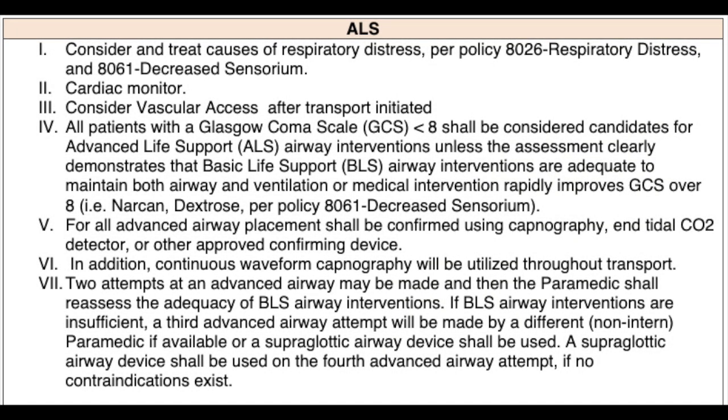We can talk more about that if you'd like to when I'm with you. Once we've done the BLS interventions, we're going to have to move to ALS. All of these people are going to need vascular access, and we've all heard the mantra, GCS less than 8, intubate. Well, yes and no. As I said above, sometimes just a BLS intervention will clear the problem. So make sure we're focusing on BLS: administering supplemental oxygen, using our nasopharyngeal airways, using our suction, positioning the patient correctly.